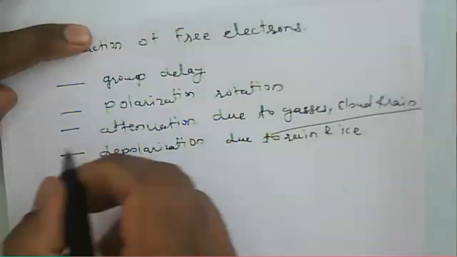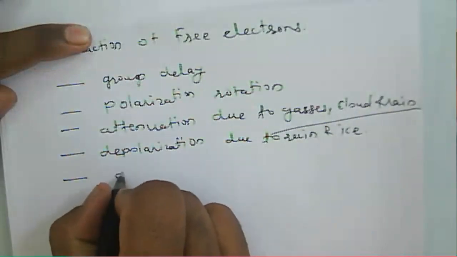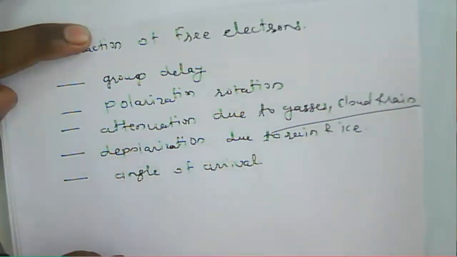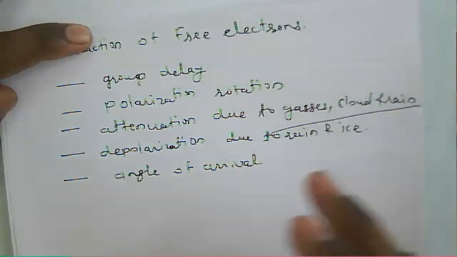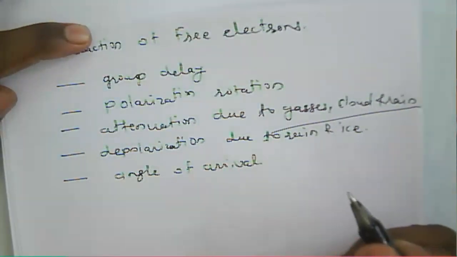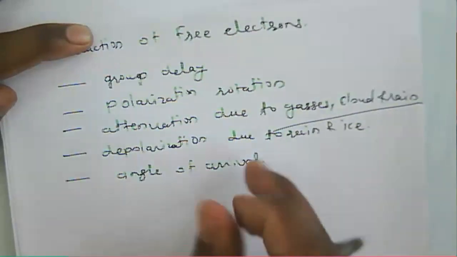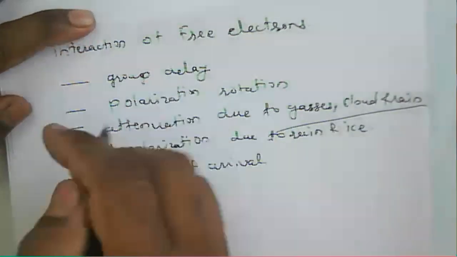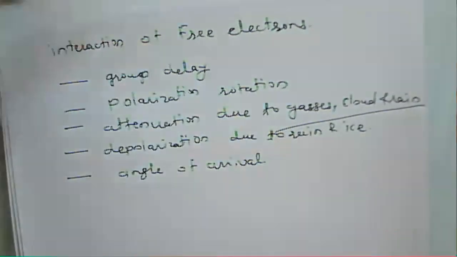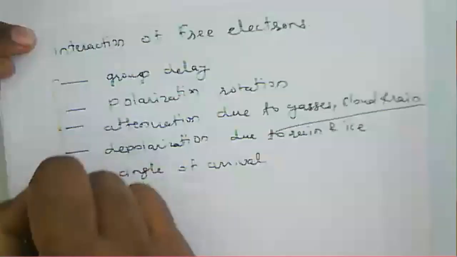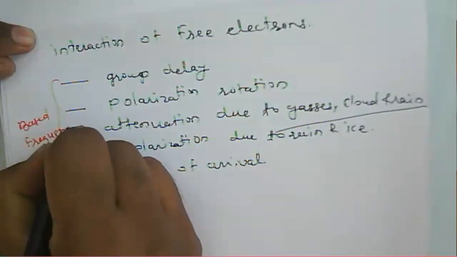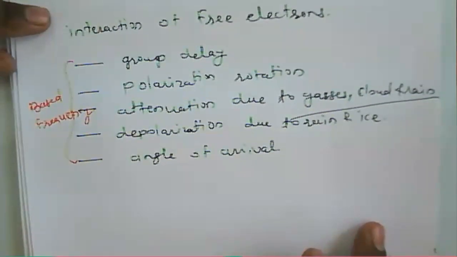Again there will be a change in the angle of arrival. That is, when the satellite transmits the signal to the earth station, the angle of arrival of that particular radio wave or signal will change there, and all these effects are based on the frequency.